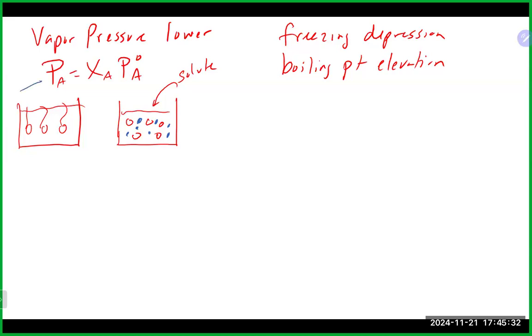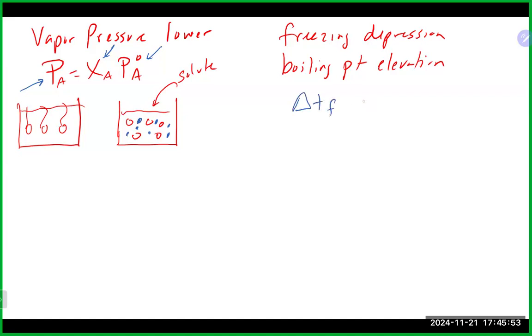This is the pressure of the component in the solution, that is its mole fraction times the vapor pressure of just the pure liquid, or solvent, by itself.